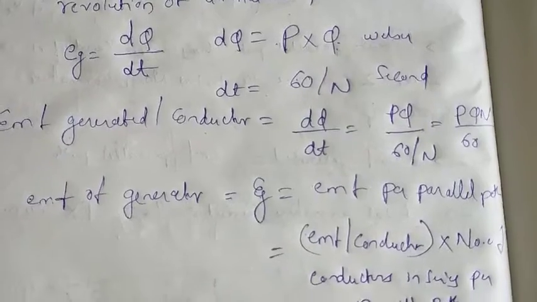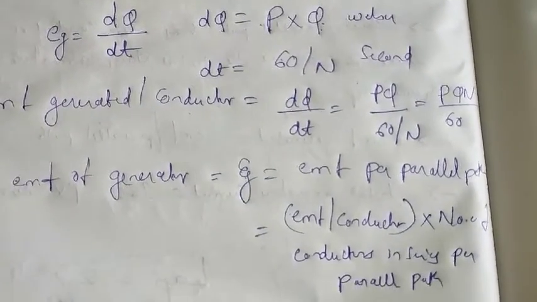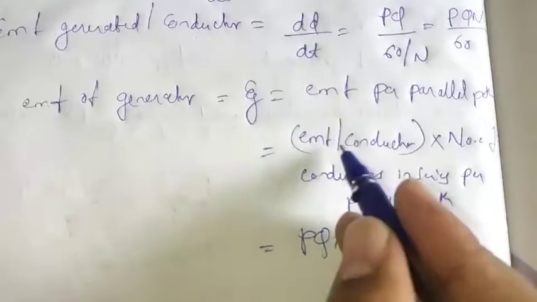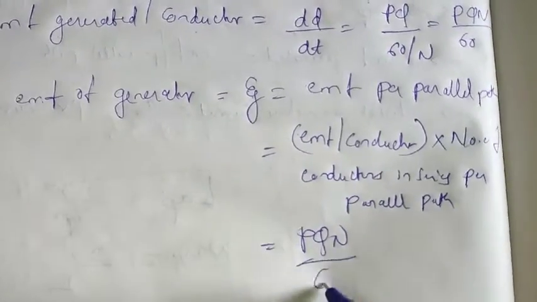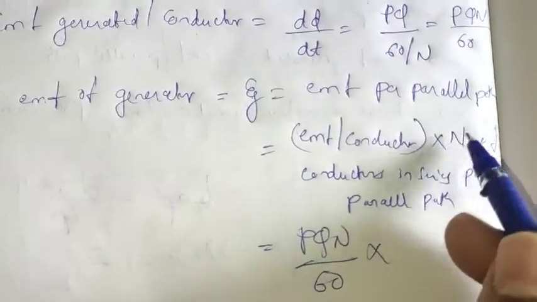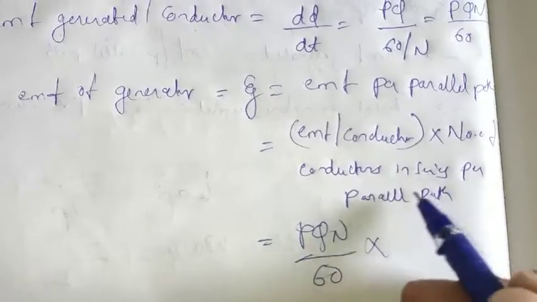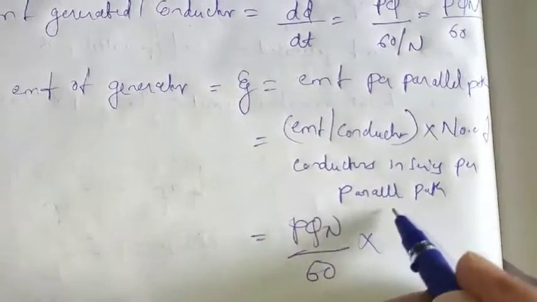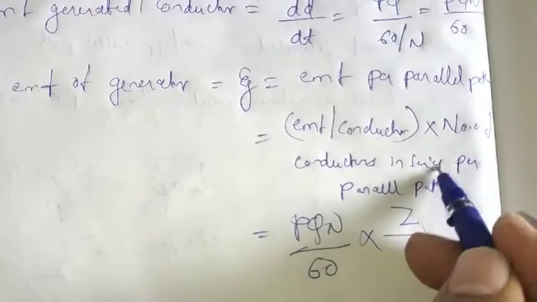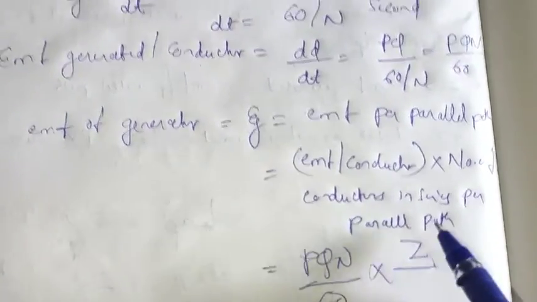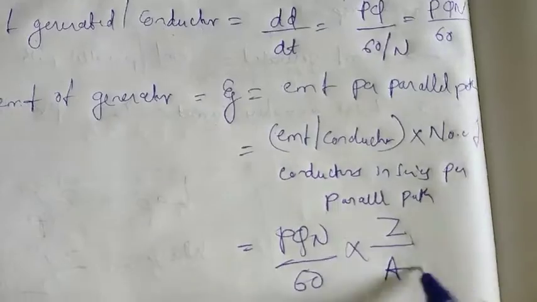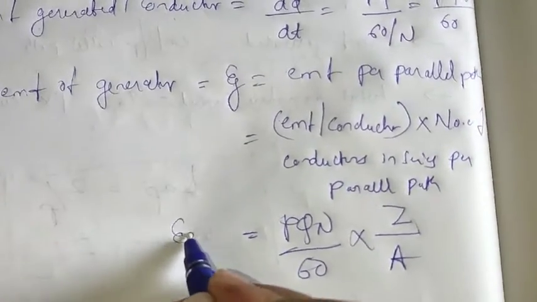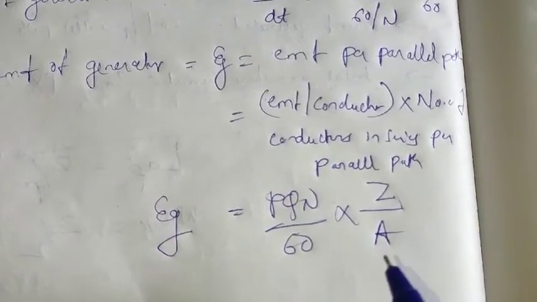So the EMF per conductor is P phi N by 60 into the number of conductors in series per parallel path. The number of conductors is Z, and the number of parallel paths is A, that's why Z by A. That is the total EMF of the generator.